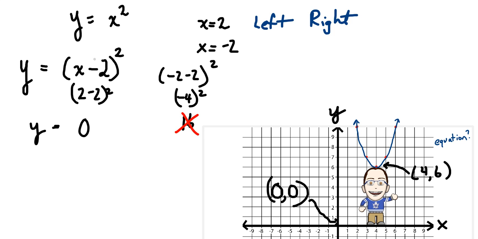Okay. Now, when you see a subtraction, so let's take the idea we got here, y equals x minus 4 squared. Where will the y values be? Well, if you pick x equals 4, you get 4 take away 4, squared.